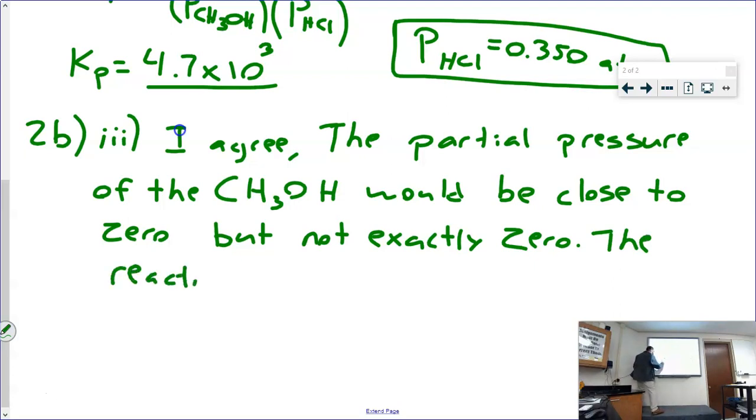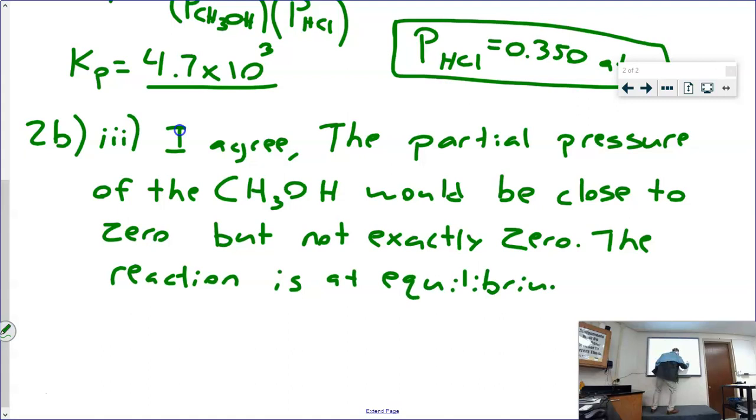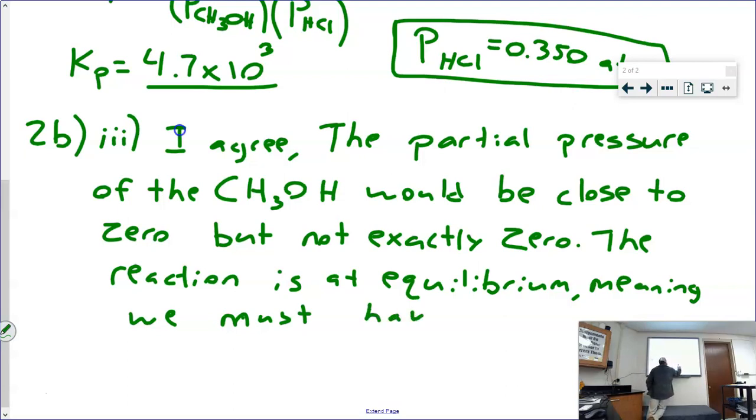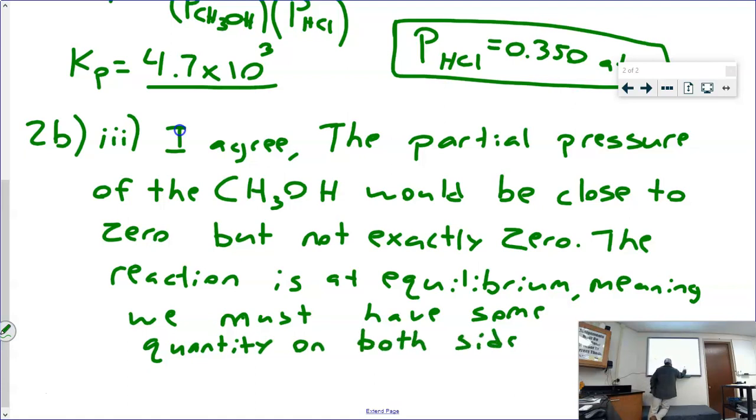The reaction is at equilibrium, meaning we must have some quantity on both sides.